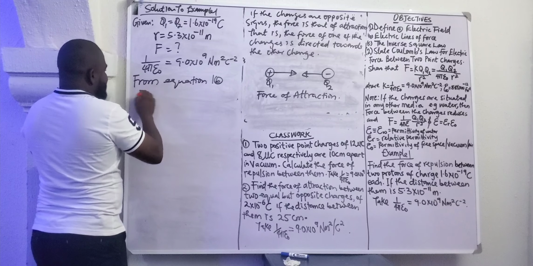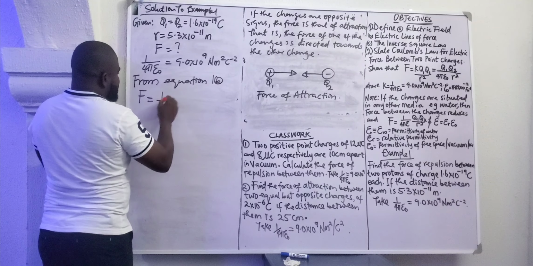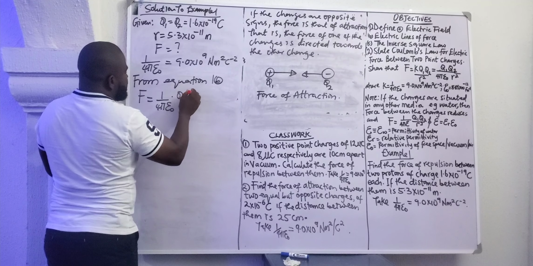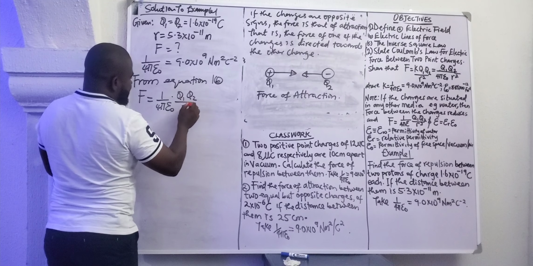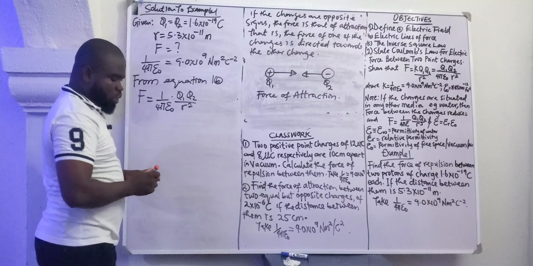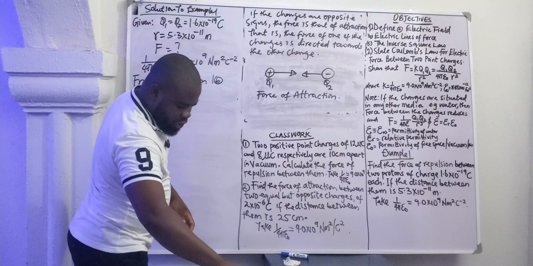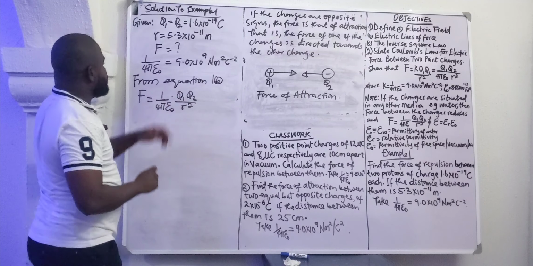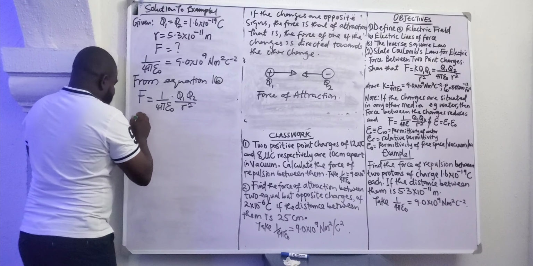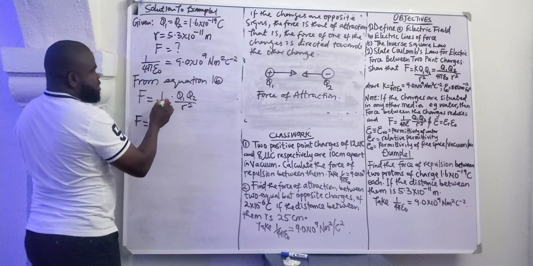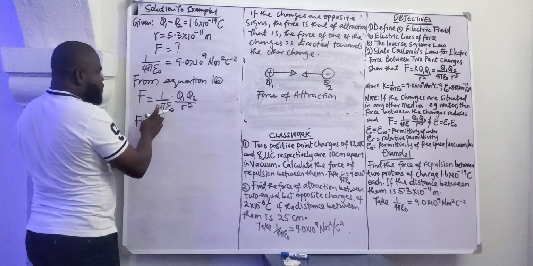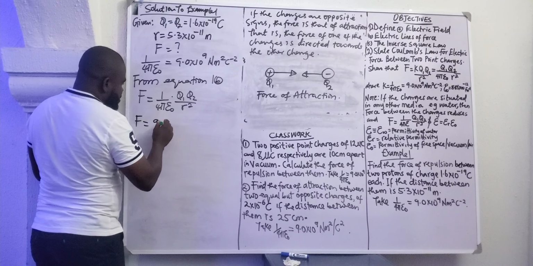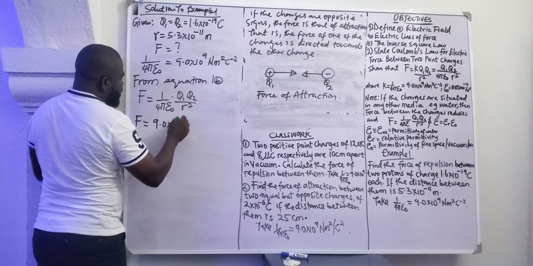We have that F is equal to 1 over 4 pi epsilon 0 times Q1 Q2 divided by the radius square. Now, this Q1 and Q2, you have to substitute the value. We have that F is equal to, listen, in place of this 1 over 4 pi epsilon 0, I'm going to put this value, which is 9.0 times 10 raised to the power of 9.